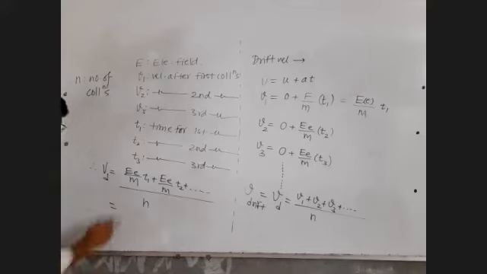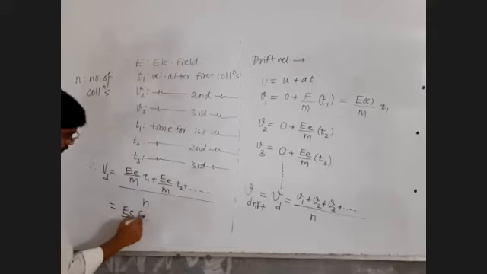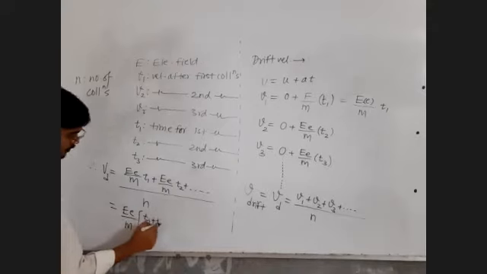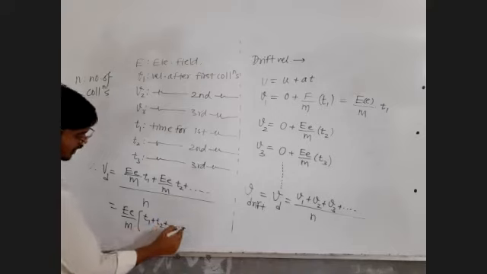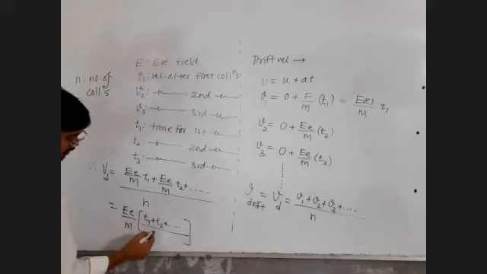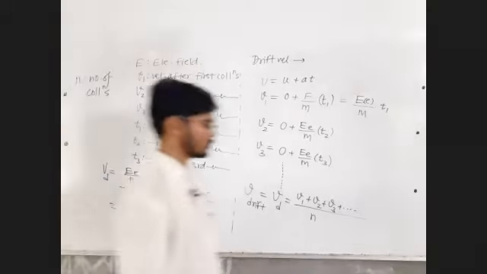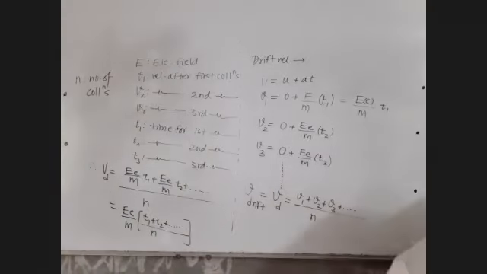So what I can do is take E by m common. So T1 plus T2 and so on, whole divided by the number of collisions.